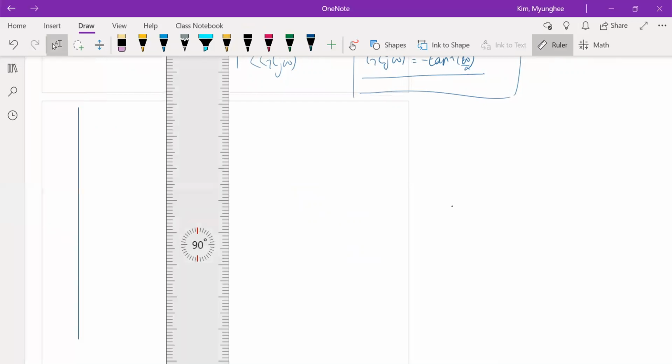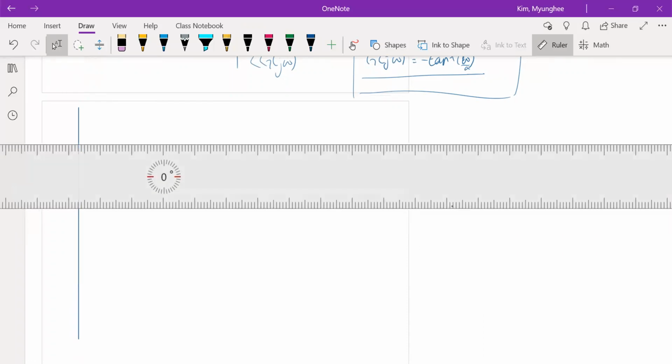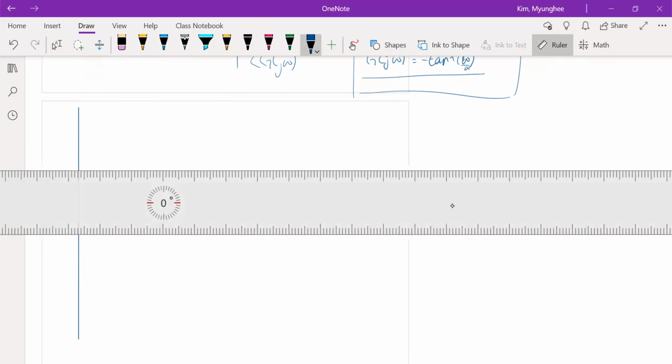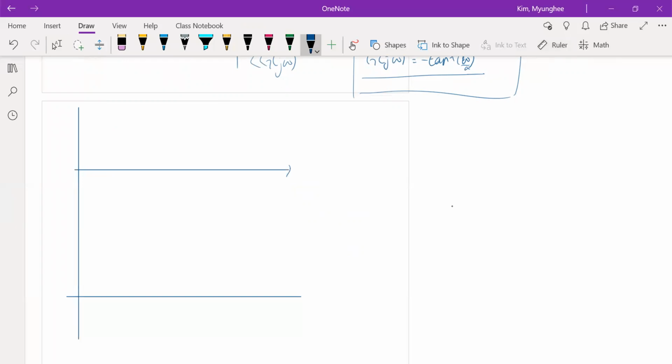The x-axis is log omega. The y-axis is decibels, which is 20 log of the magnitude.